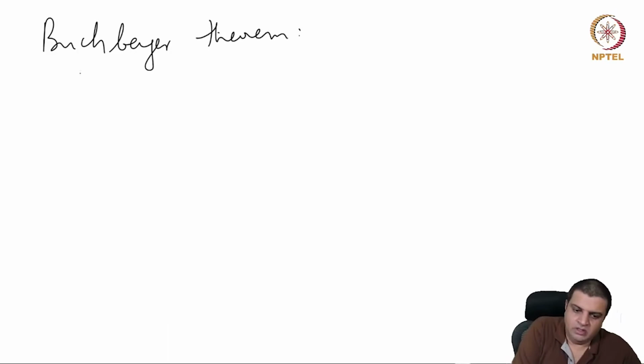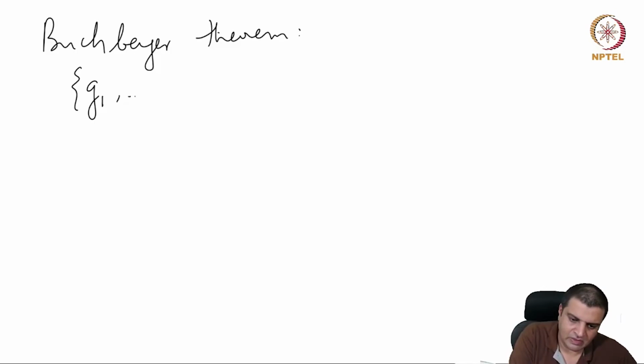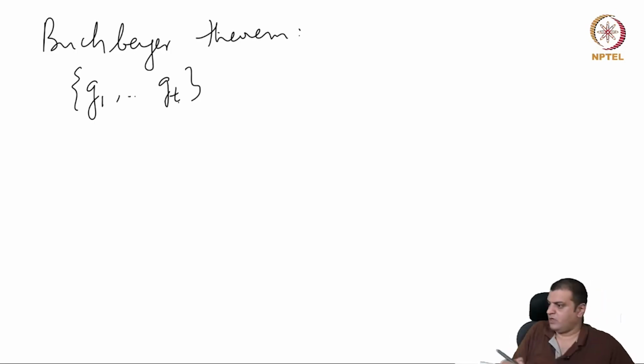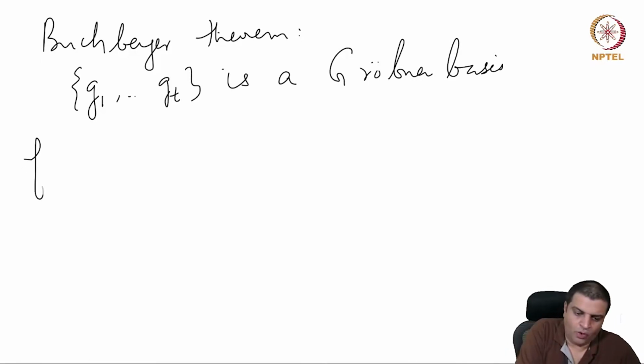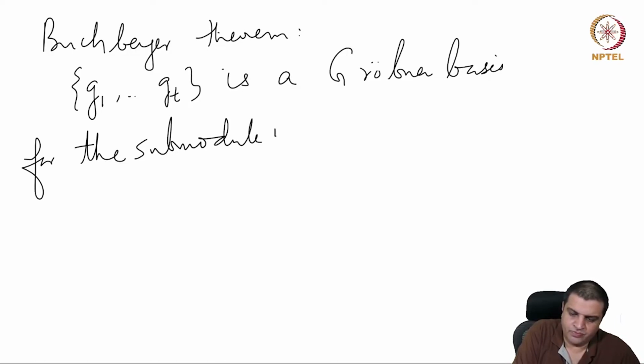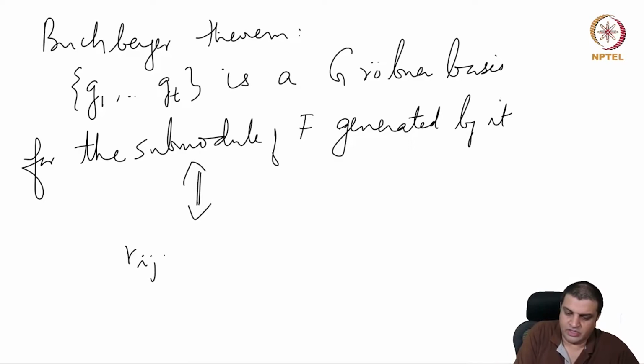Buchberger's theorem was for ideals, but it can be generalized like this: G1 through Gt is a Grobner basis for the submodule of F that it generates, if and only if Rij is 0 for all i different from j.